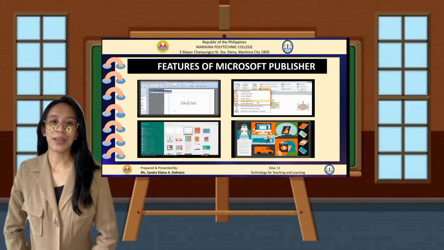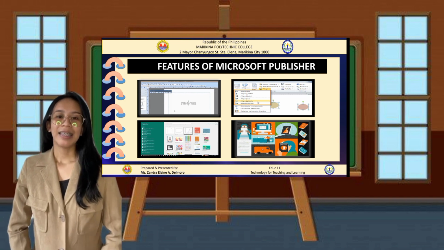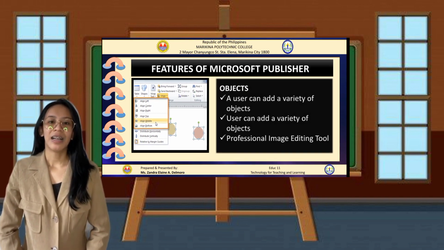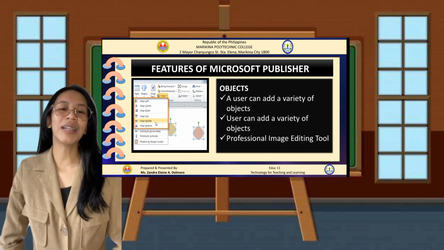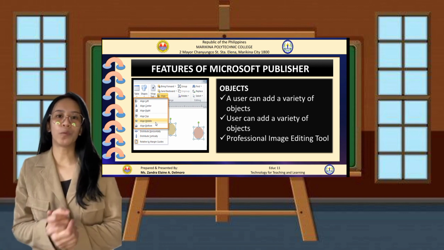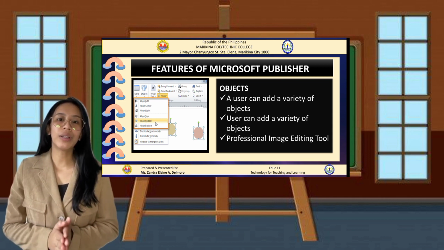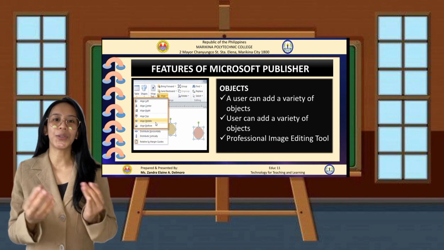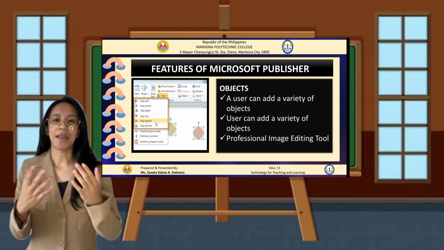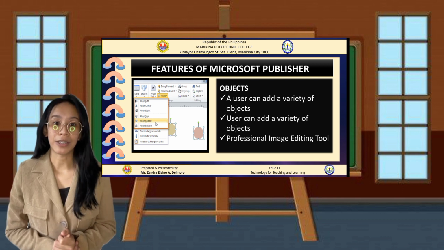So for the next feature of Microsoft Publisher, in the right upper side, next is objects. So similar to other technical image software, the Publisher image tool allows users to add layered images, embed objects into images, and filter images.